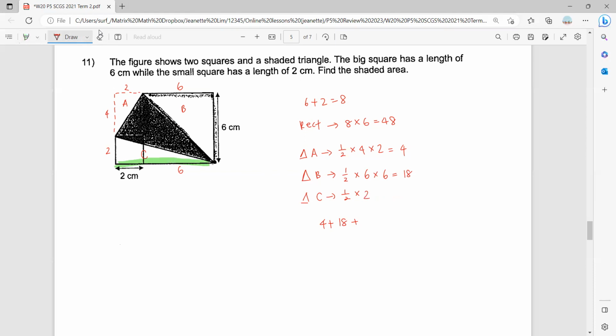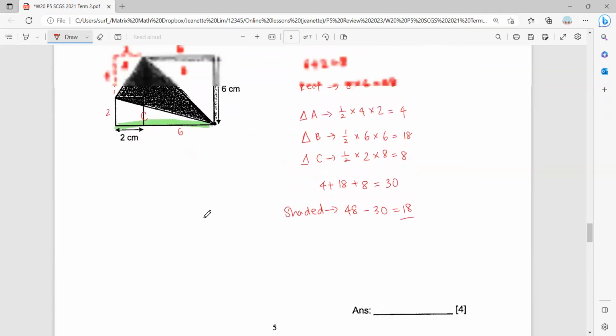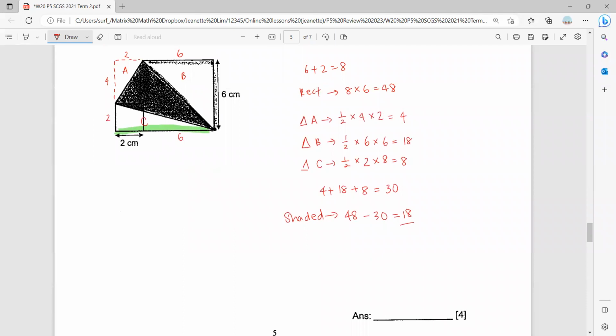So half times 2 times 8. This will give us 8. So add them up. This will give me 30 square cm. Then the area of the shaded part will be the whole rectangle, 48, minus ABC, which is 30. So answer is 18 square cm. Remember to write your units.